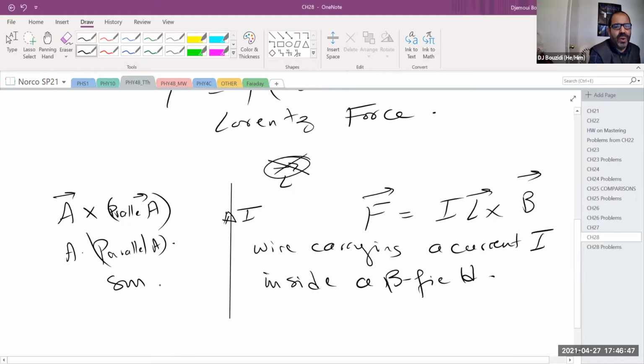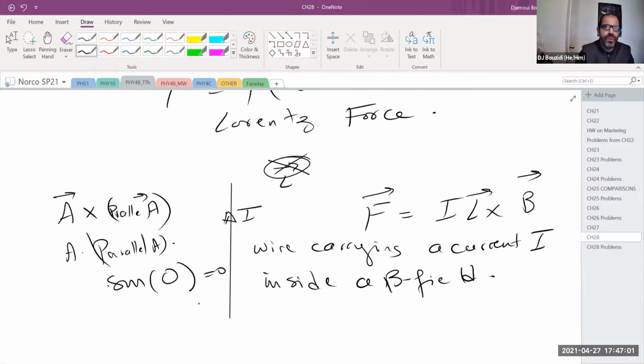And the angle between any vector and a vector parallel to it is 0 degrees. So when you multiply by sine of 0, which is 0, the whole thing is 0. So if these two happen to be parallel to one another, then there is no force.